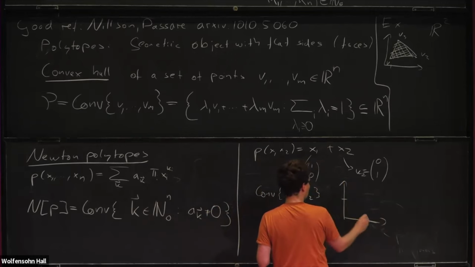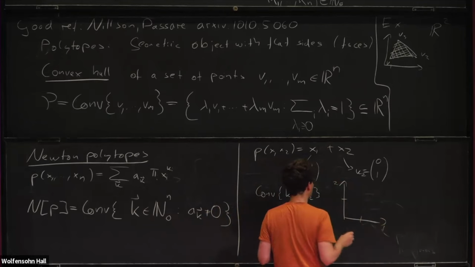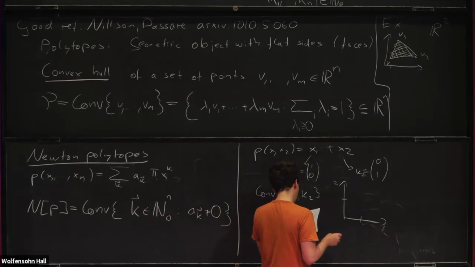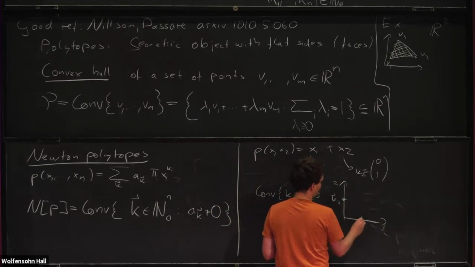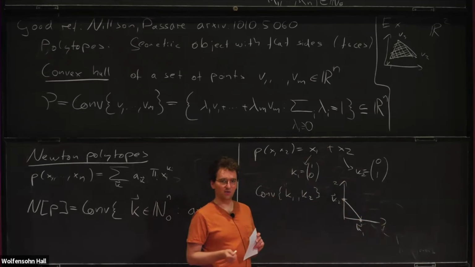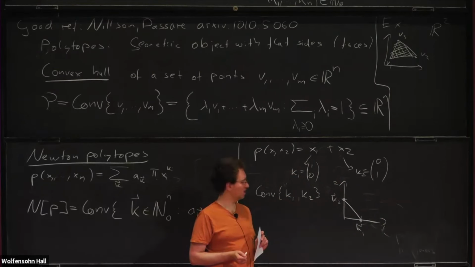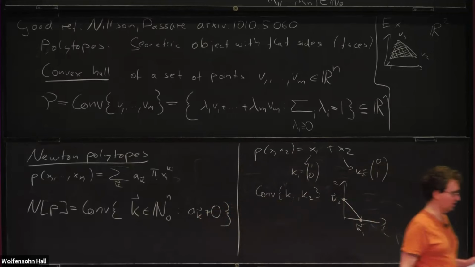This is the one axis and this is the two axis. And K2 is this vector and K1 is this vector. And the convex hull is all the points that lie between these 2 points. So in this case, the Newton polytope is a one-dimensional object. It's just a line segment between these 2 points.